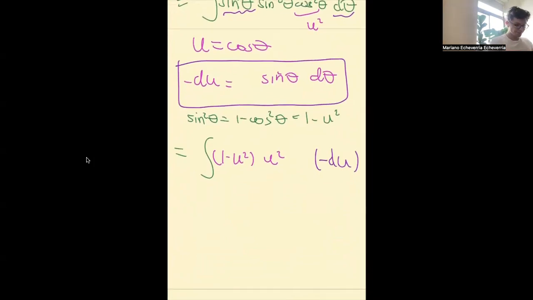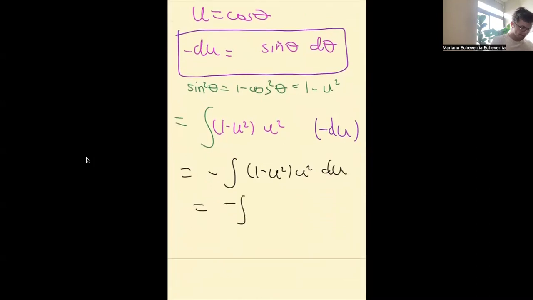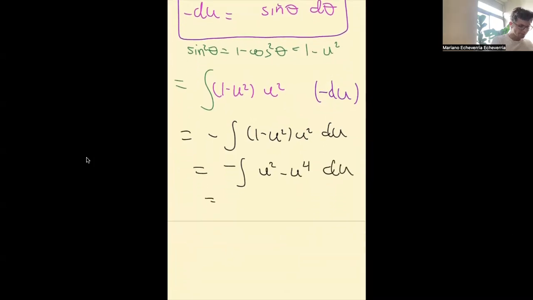Okay, so this becomes minus 1 minus u squared times u squared du. And how do you integrate this? The best thing to do is multiply this first. So you get u squared minus u to the 4 du. In fact, you can put the minus inside to write it as u to the 4 minus u squared du.